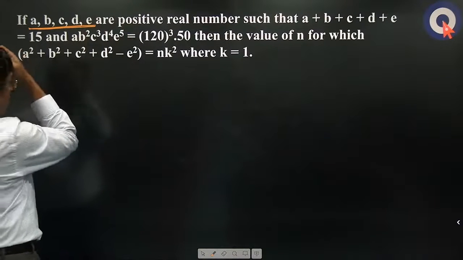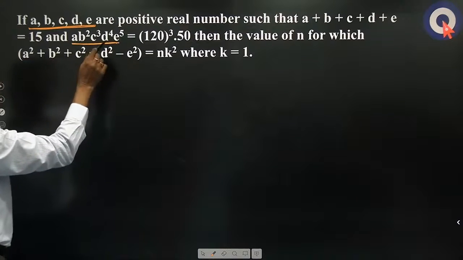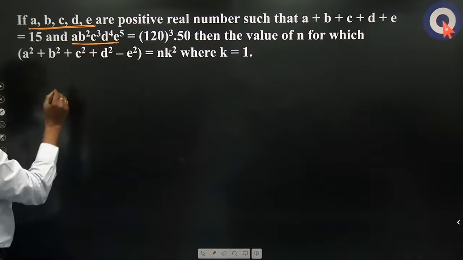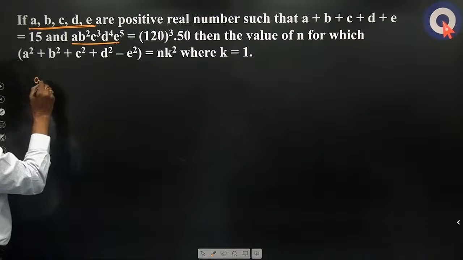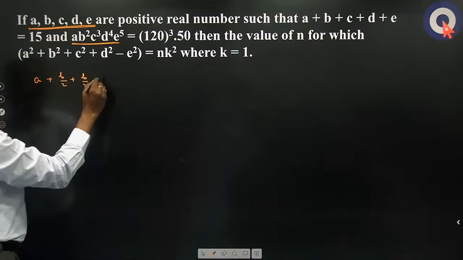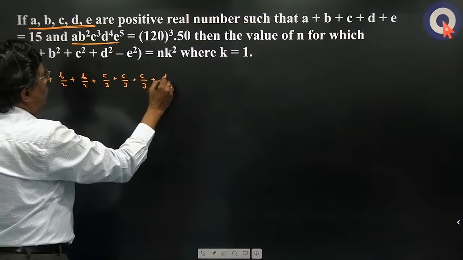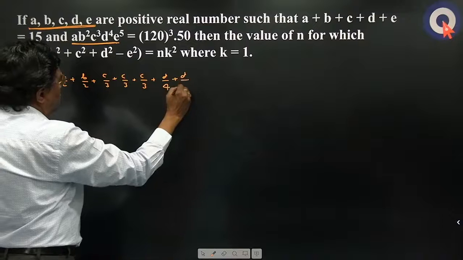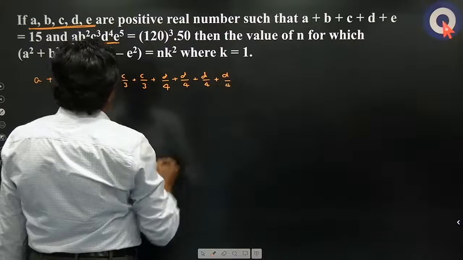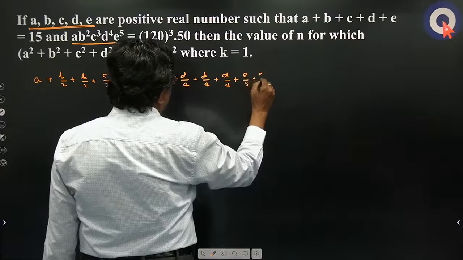To consider that AM-GM inequality, here you have a big product, a b square c cube d power 4 e power 5. Because of the presence of such a product here, we shall consider a, b by 2, b by 2, c by 3, c by 3, c by 3, d by 4, d by 4, d by 4, d by 4, plus e by 5, e by 5, e by 5, 5 times.